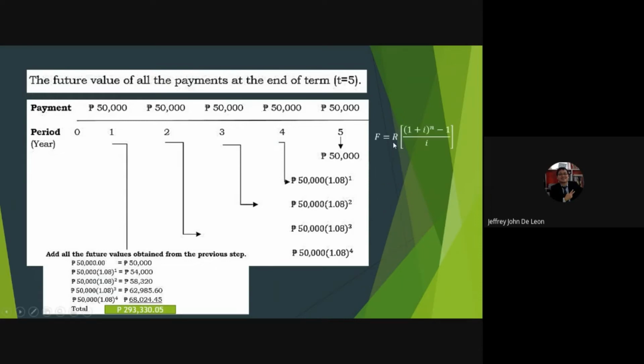Now, using our formula, the future value equals the regular payment, which is 50,000, times 1 plus i, where i is 8%, to the power n, minus 1, over i, will give you 293,000. So they are the same. I'm just showing you this one with the time diagram, or you may solve it directly using this formula.